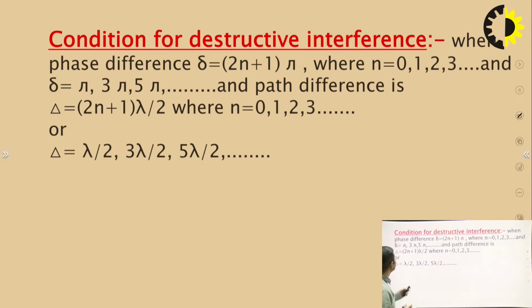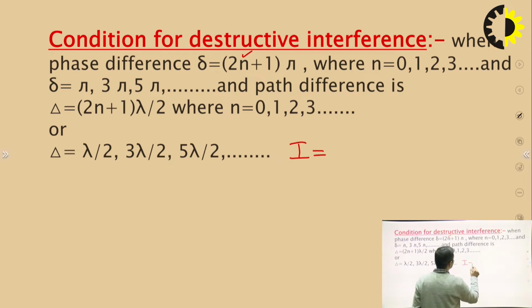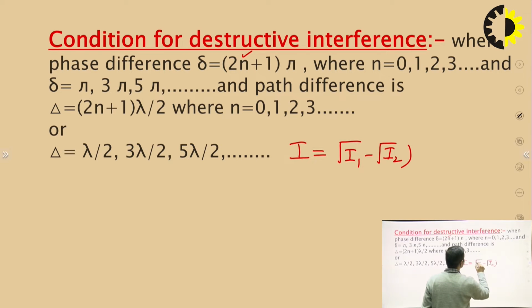That means when the phase difference is 2n plus 1 into pi, where n is 0, 1, 2, 3 and so on, then delta will be pi, 3 pi, 5 pi and so on. That means an odd multiple of pi, and we will have the minimum value of resultant intensity I for this condition. That means the resultant intensity will be root I1 minus root I2 whole square.